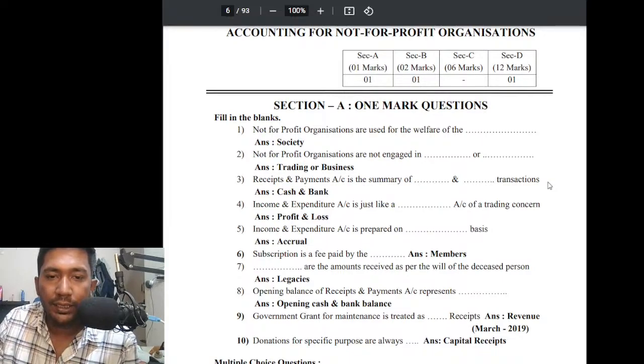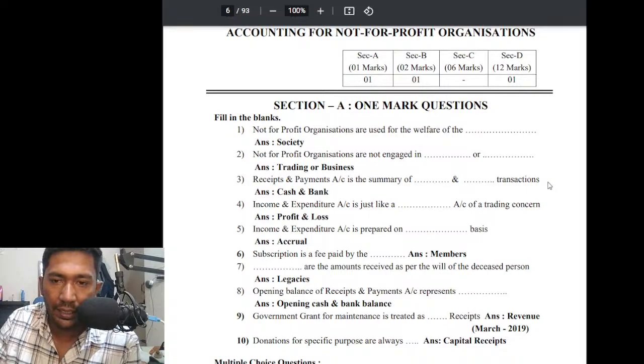Normally in business we prepare a cash account, but here in a not-for-profit organization we prepare a receipt and payment account. The next we have is: income and expenditure account is just like the profit and loss account of a trading concern.